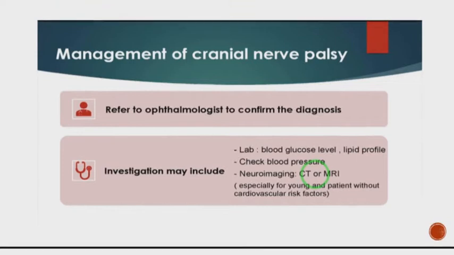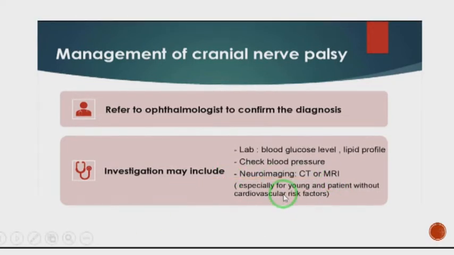This is considered one of the ocular emergencies. We have to refer to the ophthalmologist to confirm the diagnosis, and we have to ask for urgent investigation in the form of neuroimaging. MRI brain is ordered together with imaging of the vessels of the brain like MRV and MRA, which is the magnetic resonance angiography, to view the arteries, and the magnetic resonance venography to view the veins in the brain.